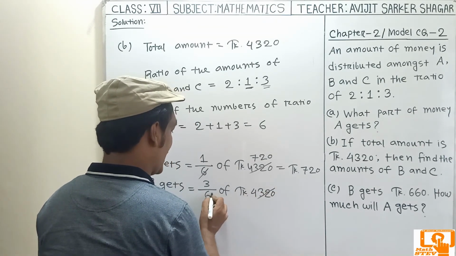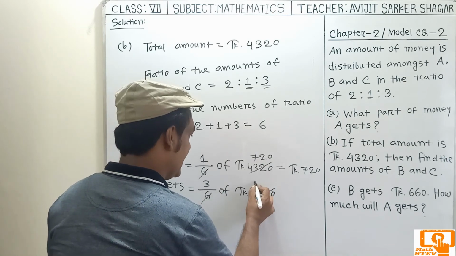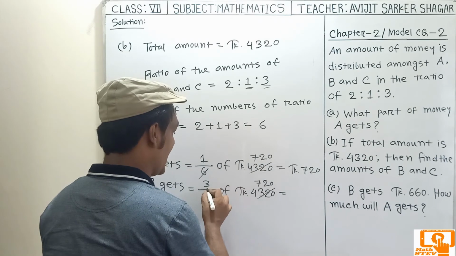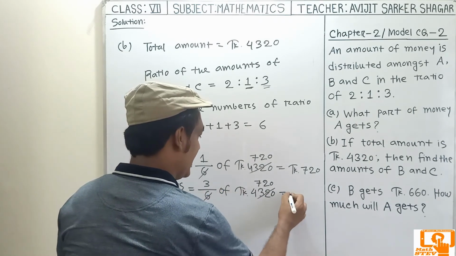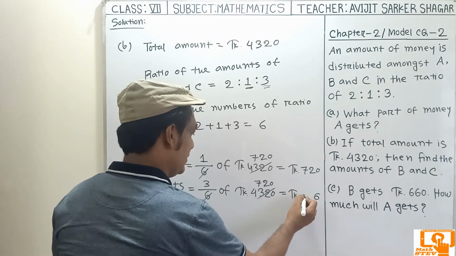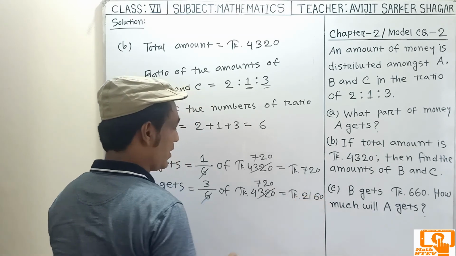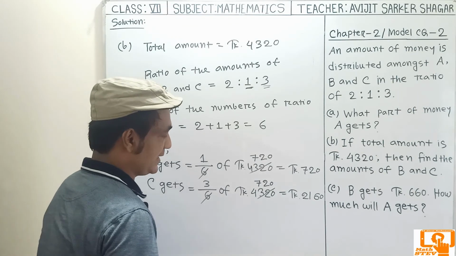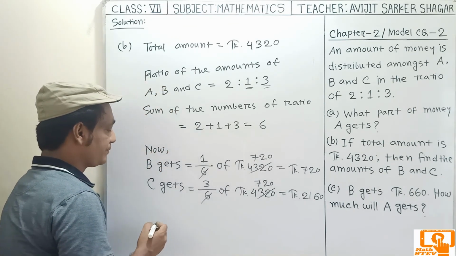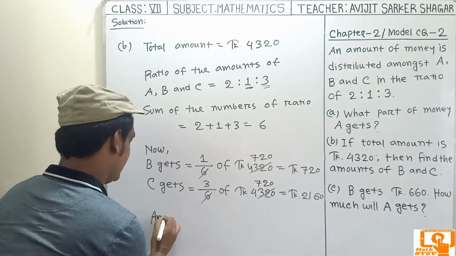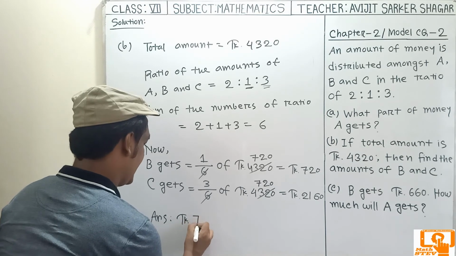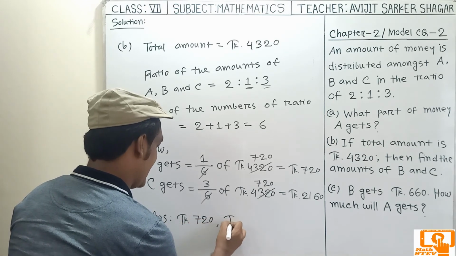If 4320 is cut by 6, then the result is 720, and 720 multiplied by 3 will be taka 2160. Answer: taka 720 and taka 2160.